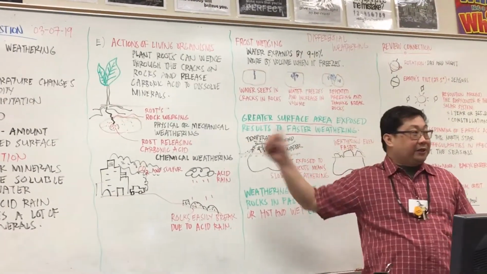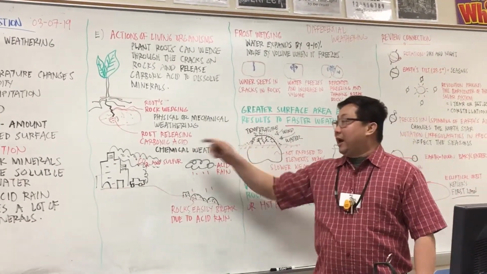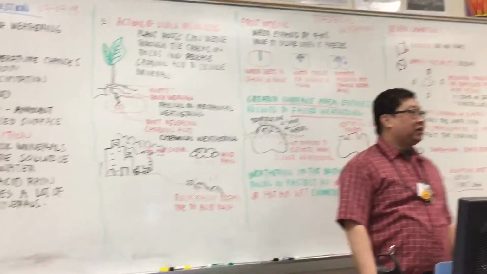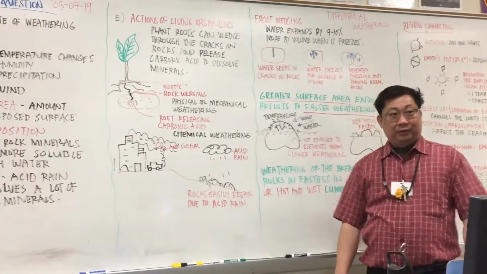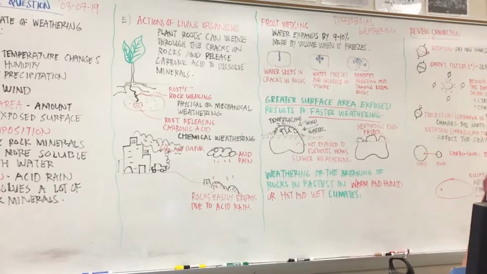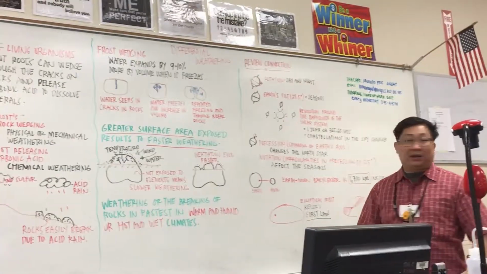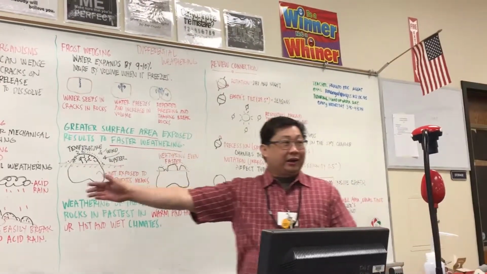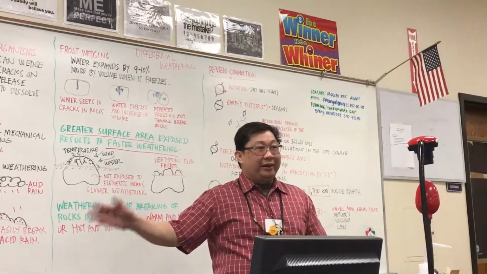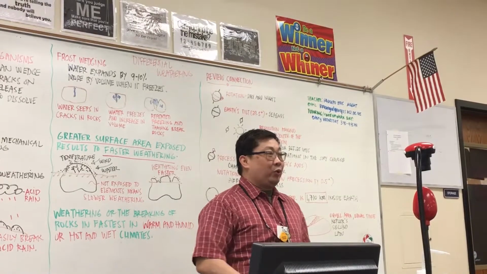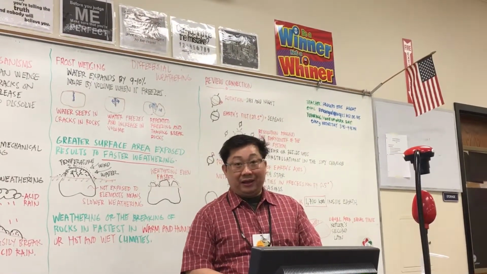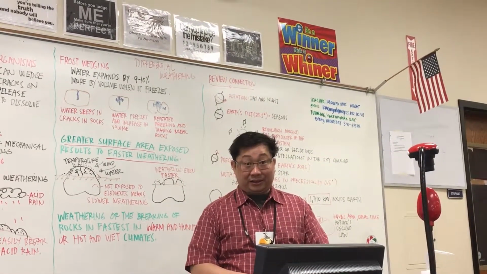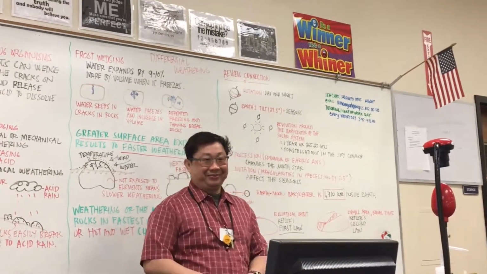Root wedging is physical weathering, while the action of the carbonic acid from the tip of the root is chemical weathering. So that sums up our factors affecting the rate of weathering. To close it up, when we say weathering, it is simply the breaking of rocks.